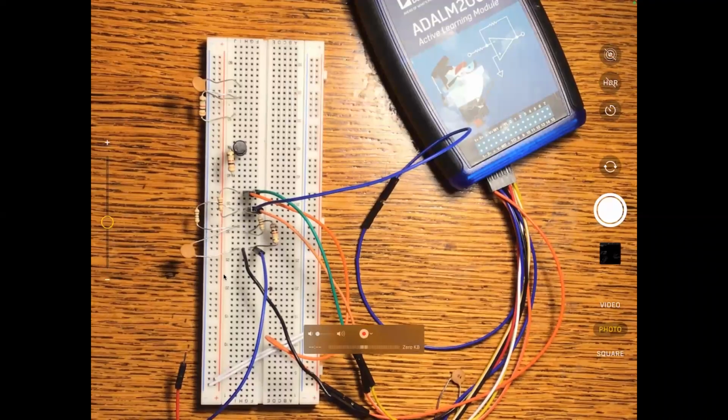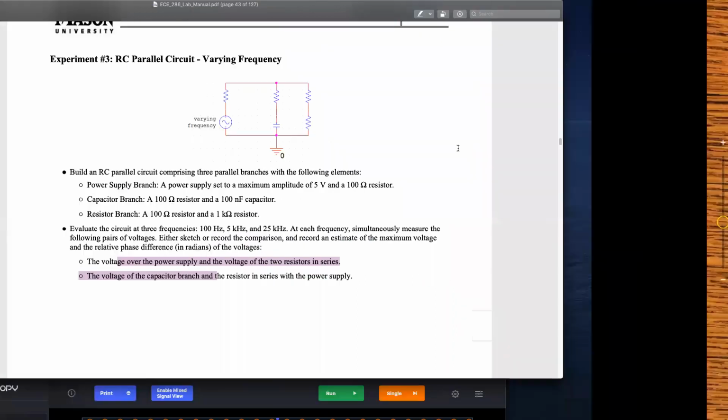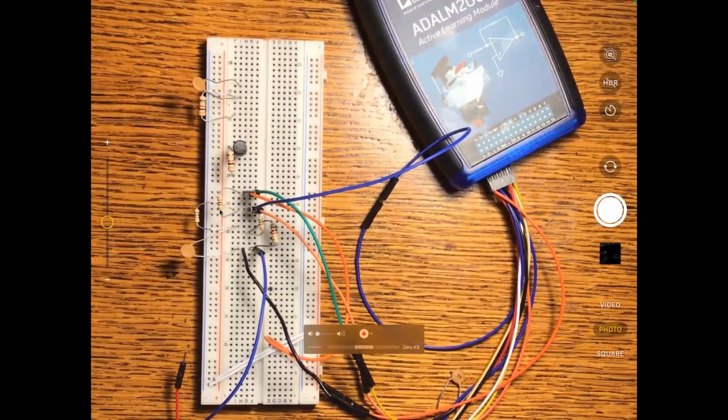Okay, cool. I've replaced these components with different ones. So I believe, no, this is the exact same circuit. I lied. Okay, cool. These are all the 100 ohm resistors. That's the 1K. Here's my 100 ohm that's in series with the voltage supply.